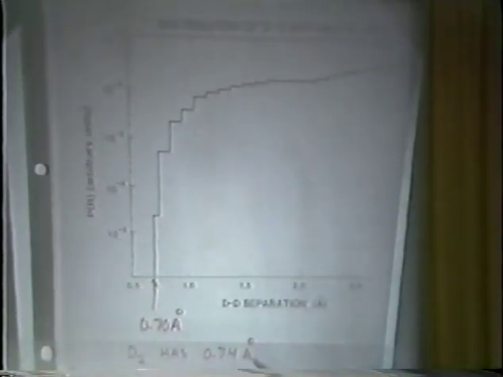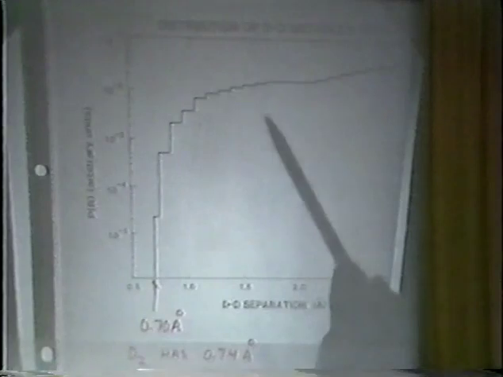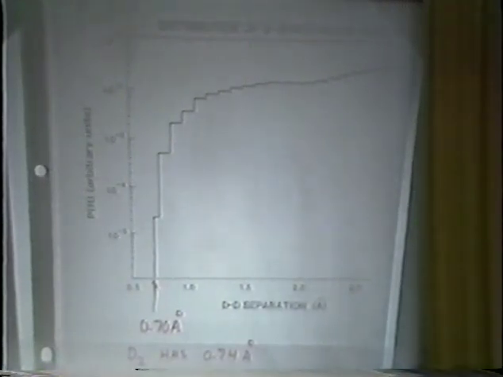So this corresponds roughly, for some small fraction of the time, to getting as close as you find them in a D2 molecule, but certainly no closer. Okay. Now, the fact that one does see a fair amount of distances in the neighborhood of 1 to 1.5 angstroms is perhaps of interest, and this is quite a bit closer than equilibrium distances.